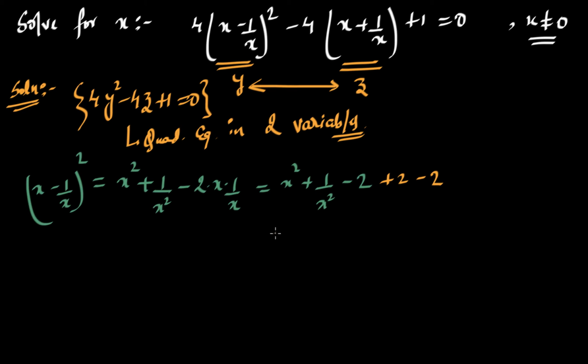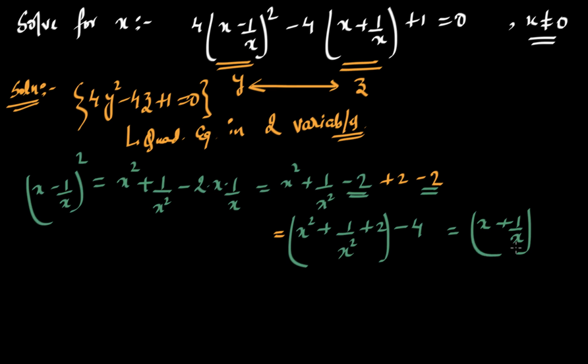Now I'll rewrite the same equation by rearranging the terms. I'll write it as x square plus 1 by x square plus 2, and this minus 2 and the other minus 2 becomes minus 4. Why did I do this? Because now can you see this expression and can you tell me what this is actually? This is nothing but (x plus 1 by x) whole square minus 4.